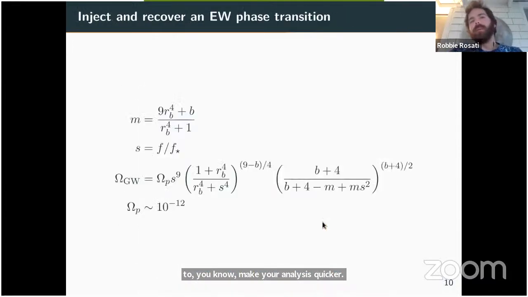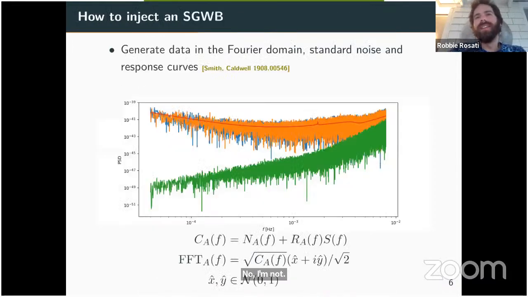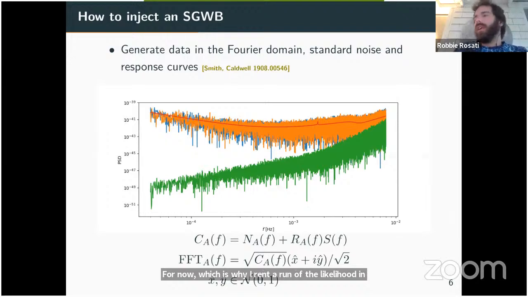No, I'm not for now, which is why I have the likelihood in C to make it a little faster. But for now, I'm just taking the raw Fourier data we generated. But I think you could smooth it and still get similar results.